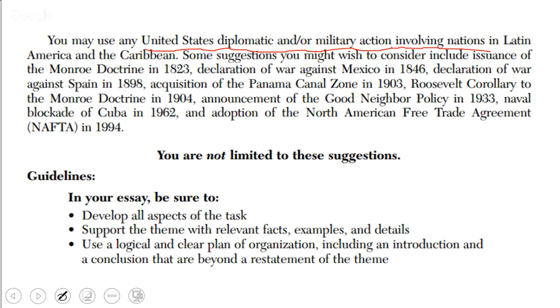They even give you some suggestions like the Monroe Doctrine, the Declaration of War against Mexico, and the war against Spain, anything. And definitely they say you are not limited to these suggestions. So here's the thing, you pick two, all right? You pick two and then you think about which one is better. So I would give you these two, all right?